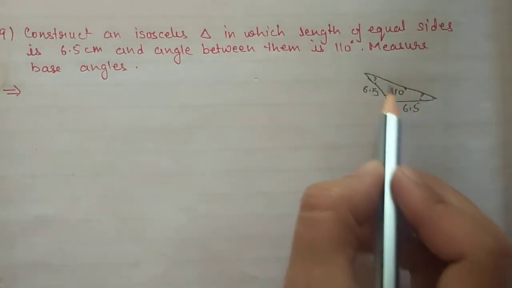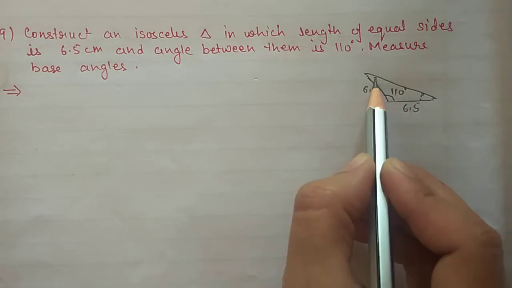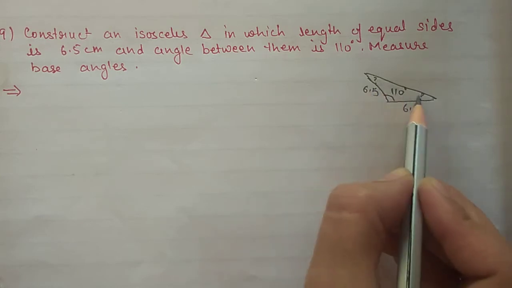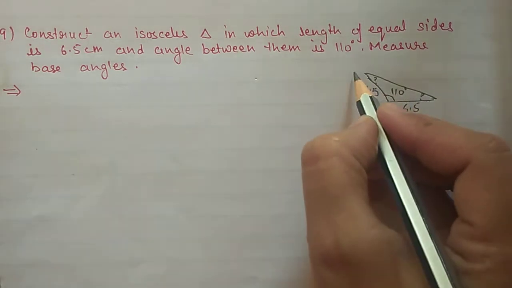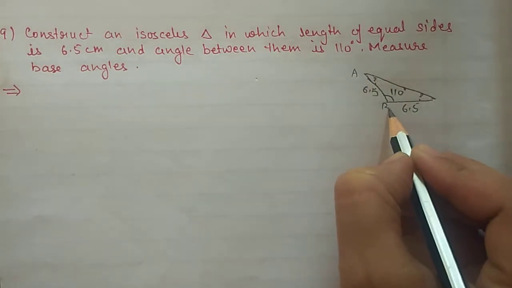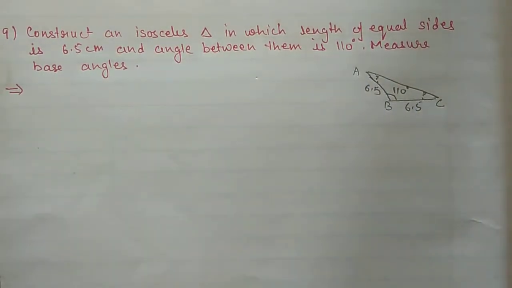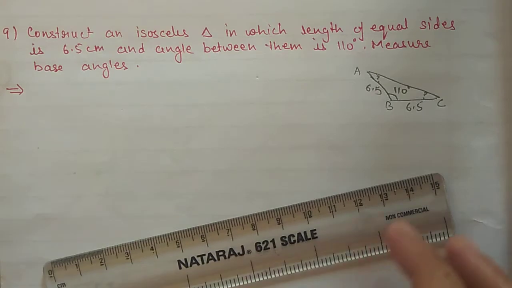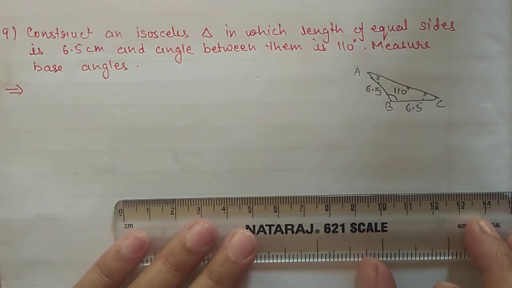In an isosceles triangle, these two sides are equal, so these two angles will also be equal, and we call them the base angles. Now we can name this figure A, B and C. So first we will draw BC of 6.5 centimeters.